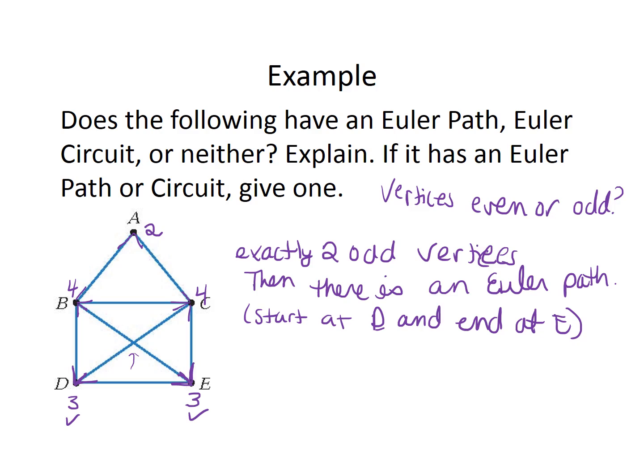So again, when it says if it has an Euler path or circuit, give one. So we're going to start at D. All right, and it doesn't matter where you go next. You can go to E next. You're just going to have to end up there in the end, it doesn't matter.